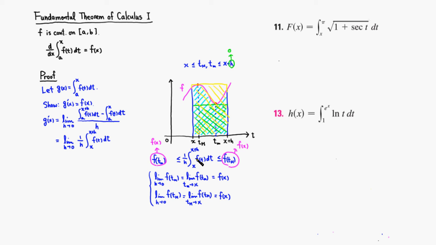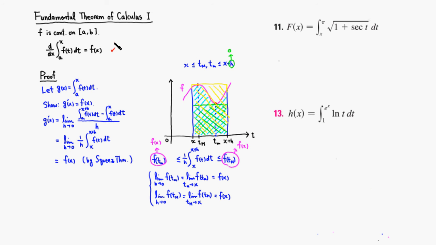So now we know the limit of this guy right here. This is going to be f of x, by the squeeze theorem. So this proves the fundamental theorem of calculus part 1.